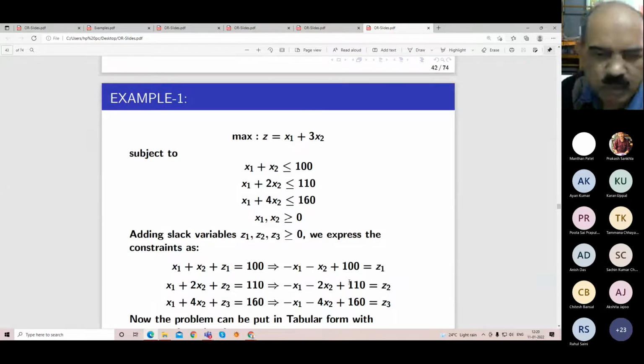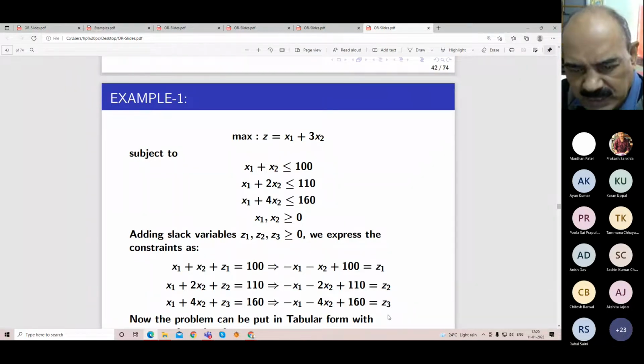From these three equations, what do you observe? Z1, Z2, Z3 are the basic variables, and x1, x2 are the non-basic variables presently. These basic variables are linear functions of the non-basic variables.